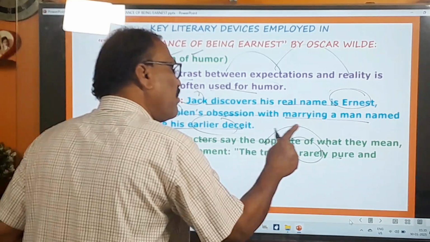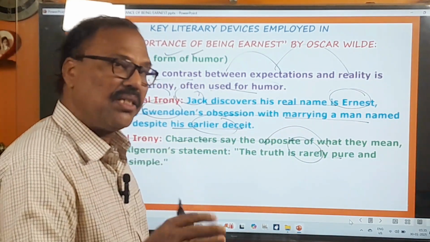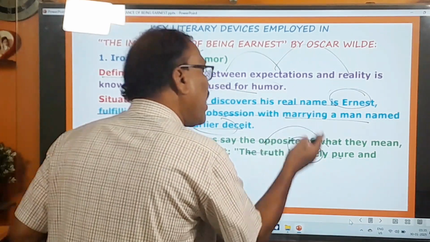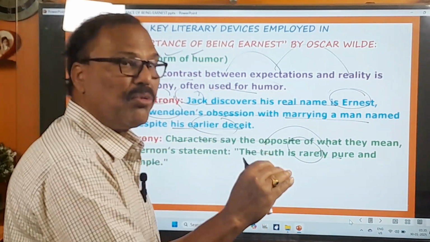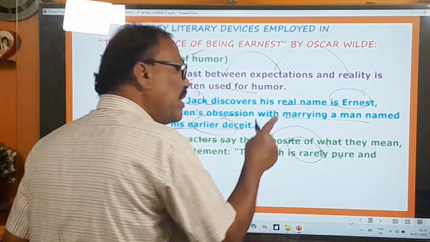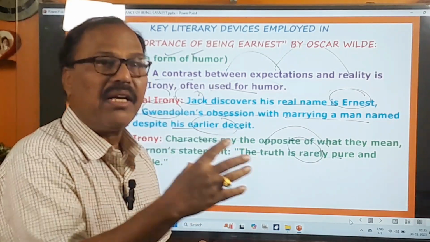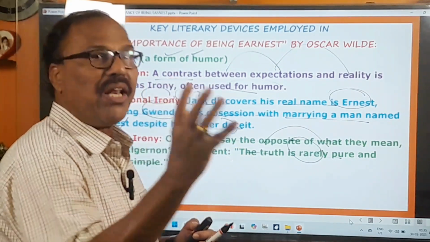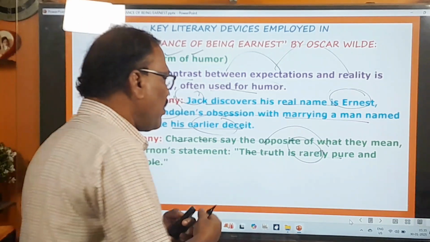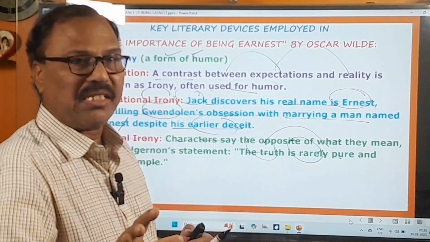The truth is pure. Satyamu swachhamainadi. It is always there. But here this man says truth is rarely pure. That means, Satyamu arduga swachhamainadi. In saying that, he means that truth is often surrounded by complications. Human relations, emotions, and societal expectations have made this truth impracticable and useless.